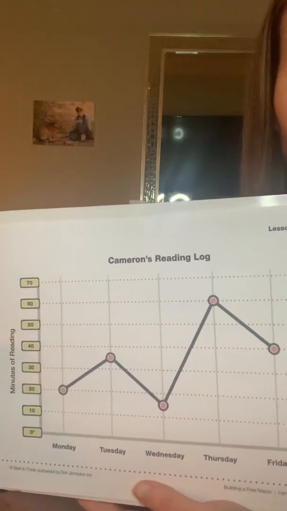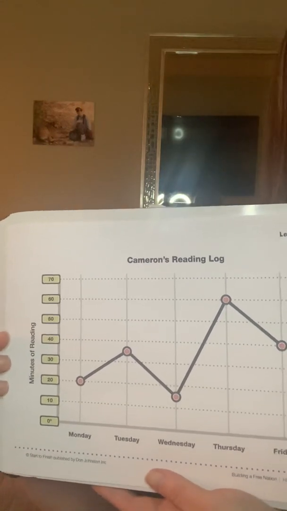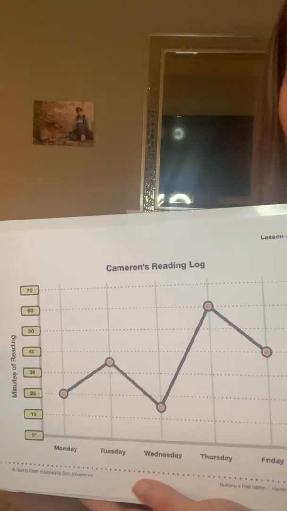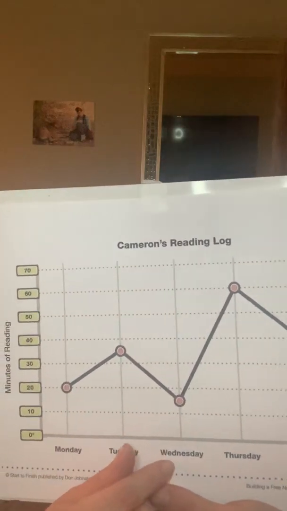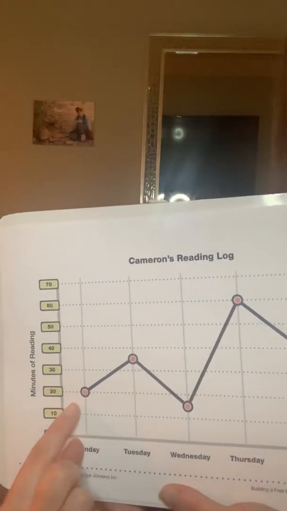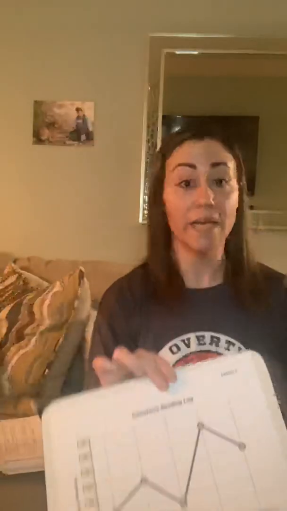How about on which day did he read the least amount of books? The smallest amount? We would go to the lowest point, and that would be on Wednesday when he only read for about 15 minutes. So this is how we can use a graph to understand information. It can put it to us in a visual way, and that can be easier for us to see and understand.